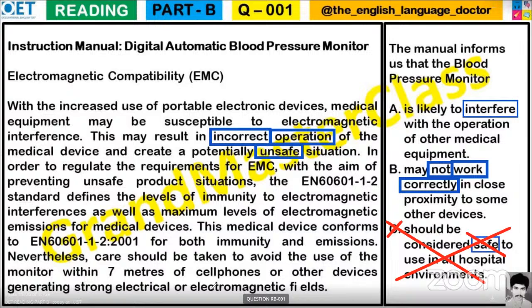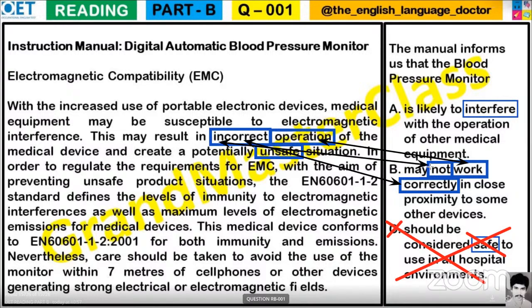Now let us see this. So these are matching, right? Operation means work. Correctly. Incorrect, not.